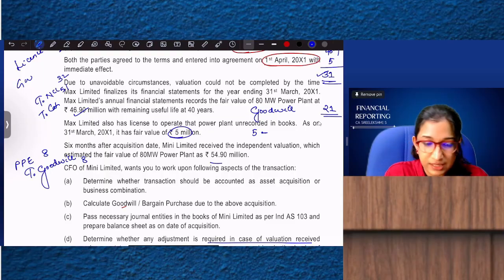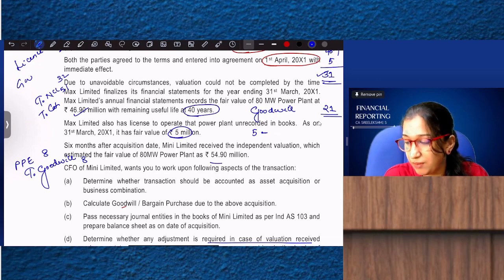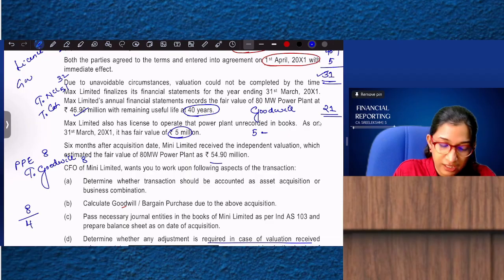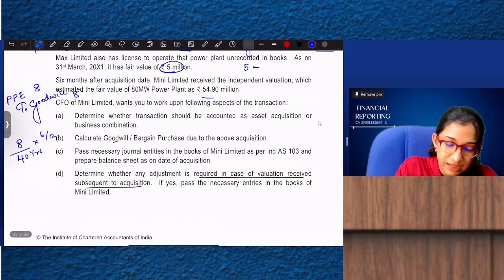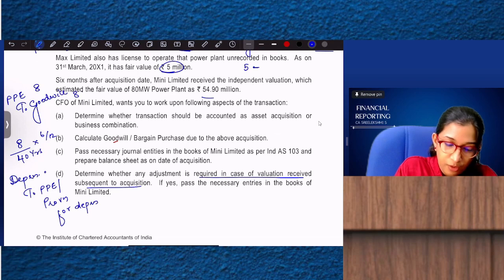Because the asset value has increased, and this asset has a useful life of 40 years, there is an additional depreciation for 6 months: 8 divided by 40 years into 6 by 12, which is 0.1. They pass the entry depreciation 0.1 to PPE or provision for depreciation.